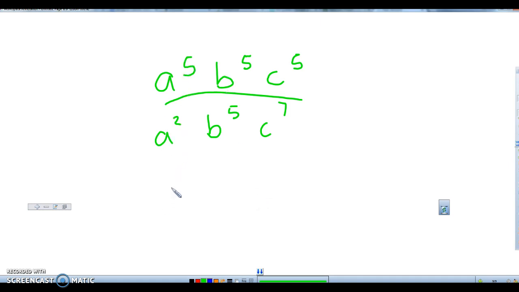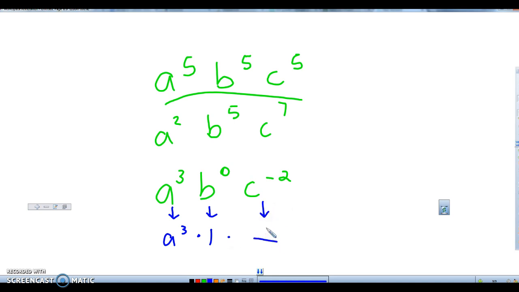So 5 minus 2 would give me a cubed. 5 minus 5 is 0. 5 minus 7 is c to the negative 2. Now, a cubed will stay the same. We said anything to the 0th power is 1. And I have to put that exponent in the denominator because it's negative, so I have 1 over c squared. If I were to multiply all these together, and let's put them over 1 so I know what I'm doing, the numerator is going to give me a cubed over c squared.